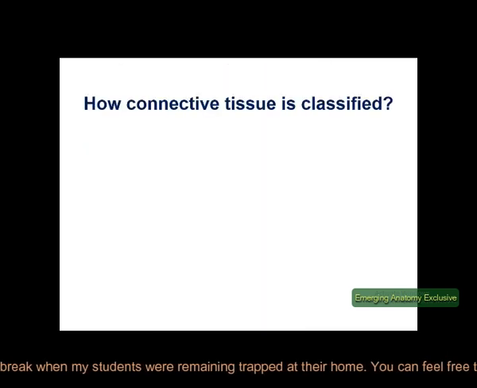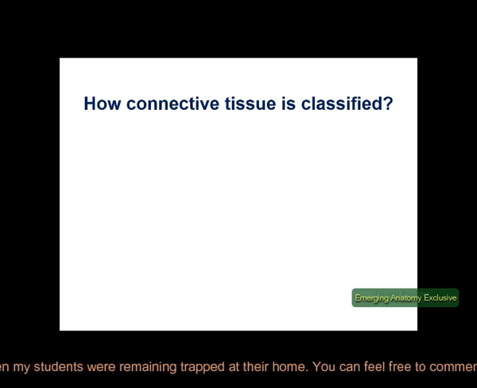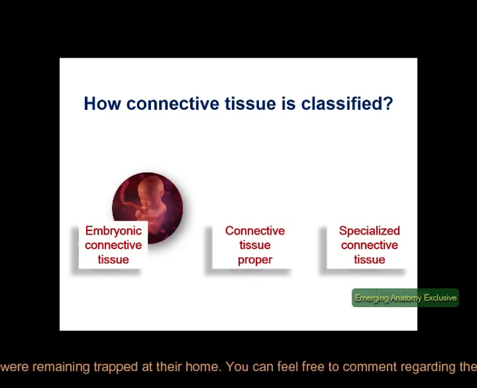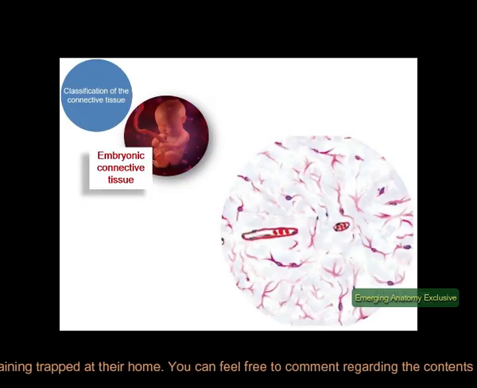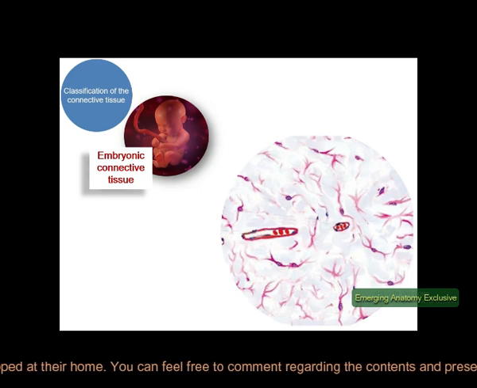We are on the journey of classification of connective tissue. We have completed the connective tissue proper. The remaining two types are embryonic connective tissue and specialized connective tissue. The embryonic connective tissue resembles the mesenchyme and mucous connective tissue. The difference in ground substance, that is semifluid versus jelly-like, is not apparent in this section.